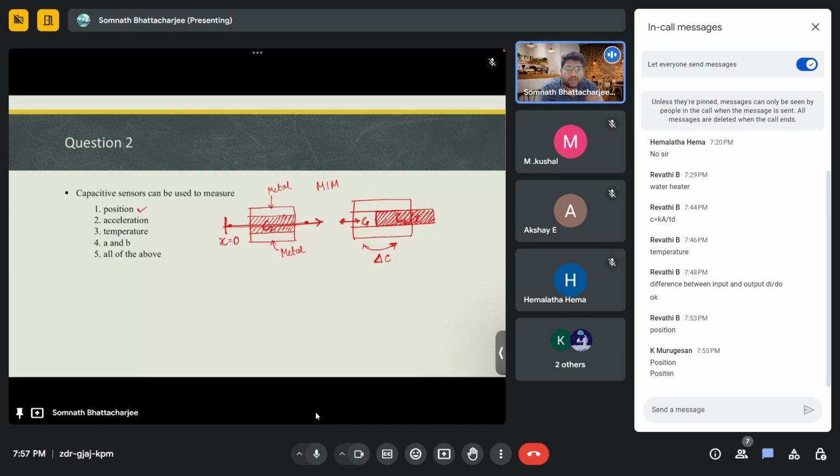Everybody knows about the accelerometer, right? How does it work? Any idea how the accelerometer works?